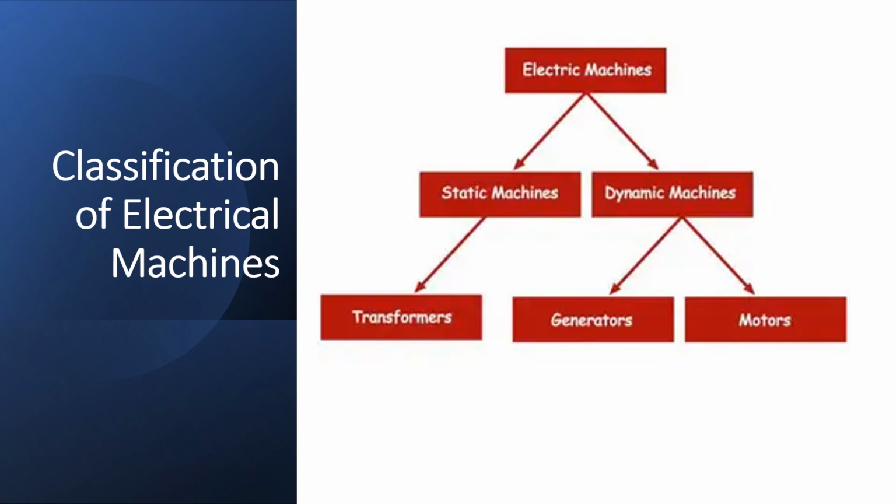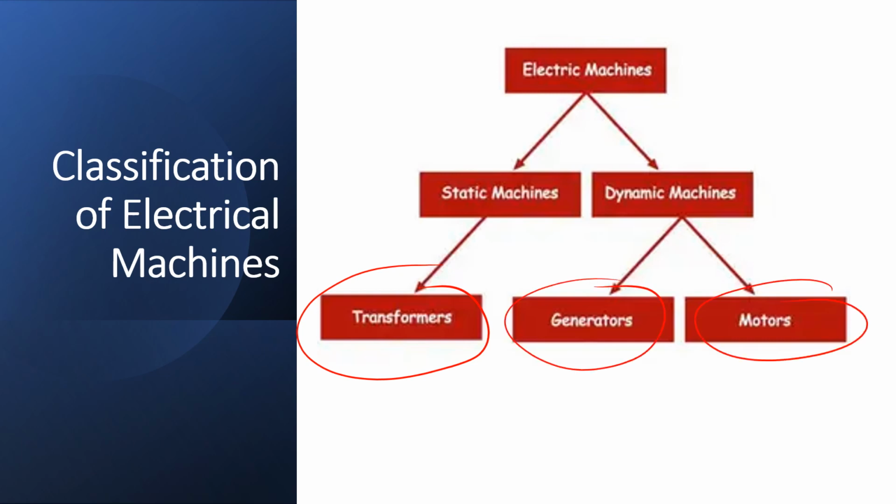For the classification, electrical machines are classified as static machines or dynamic machines. Under static machines, we have transformers, and for the dynamic machines, we have the generators and motors. Under generators, we have DC generator and AC generator.